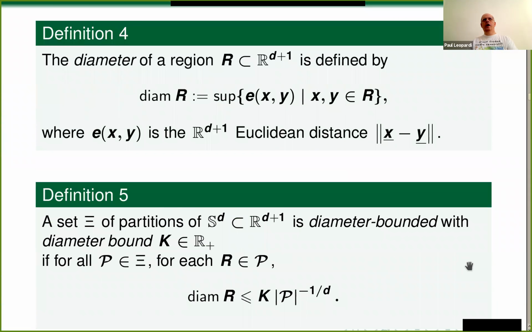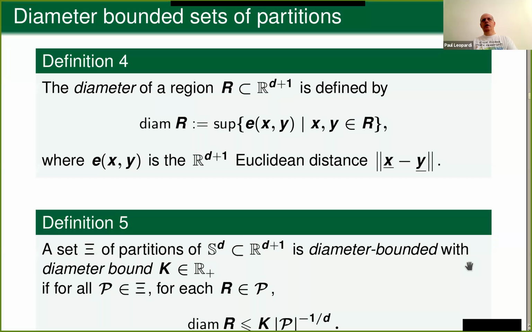Now, we have a notion of diameter of a region. In the case of the sphere, because the sphere is defined by being embedded in Euclidean space, we can define the diameter of a region also in terms of Euclidean distance. So that's what we go ahead and do. That's what we mean by the diameter: it is defined in terms of the supremum of the distance between two points in the region.